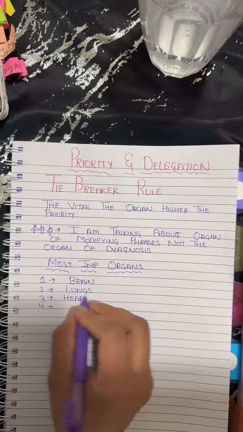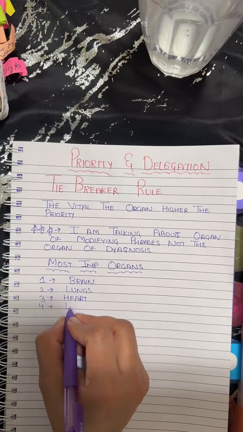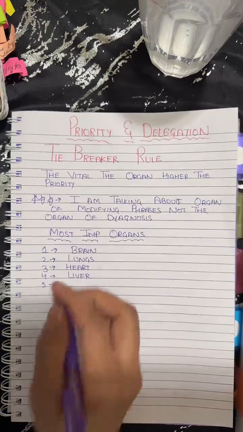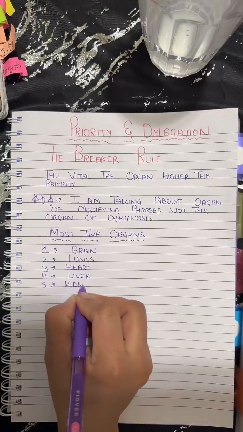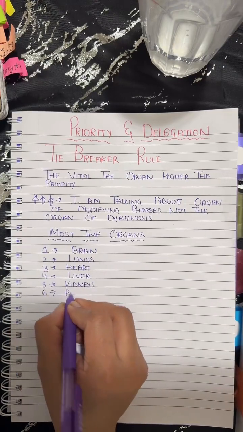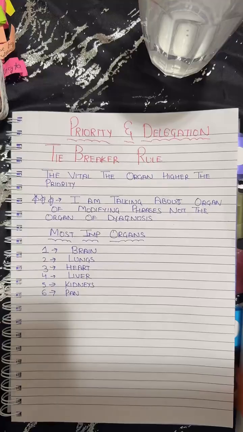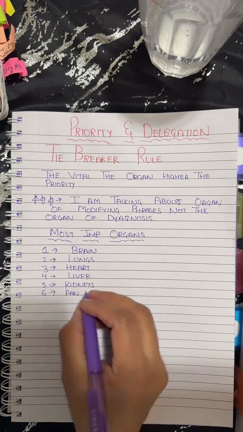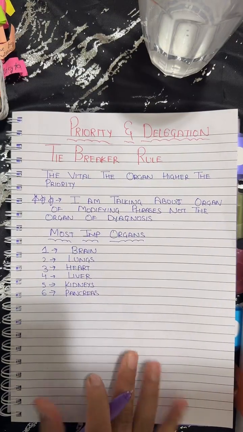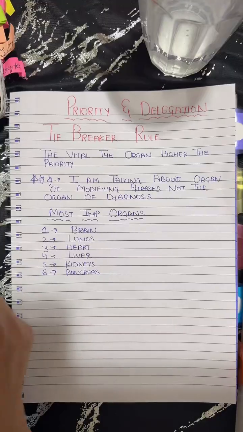Number 4, liver. Number 5, kidneys. Number 6, pancreas. Okay, so example.